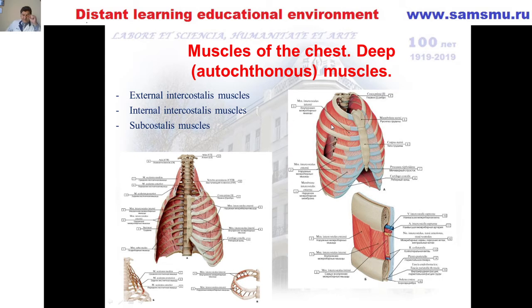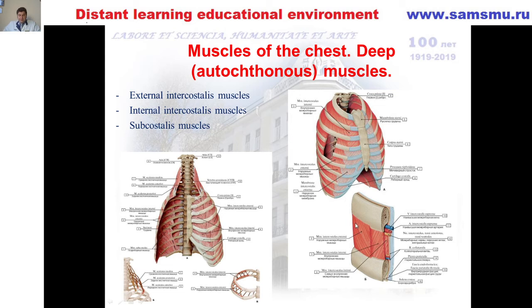They originate from the inferior border of each rib, descend posterior to anterior, and attach to the superior border of the contiguous rib below. Between the costal cartilages the muscles are replaced by a fibrous band with fibers lying in the same direction, the membrana intercostalis externa. You may see this membrane in white color.